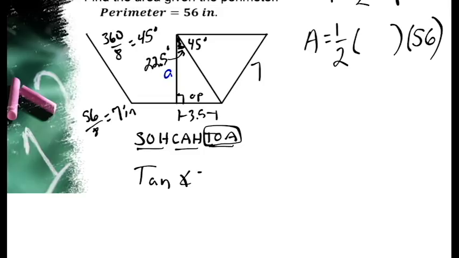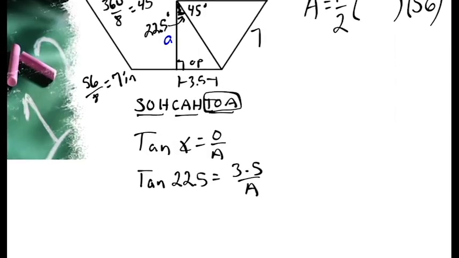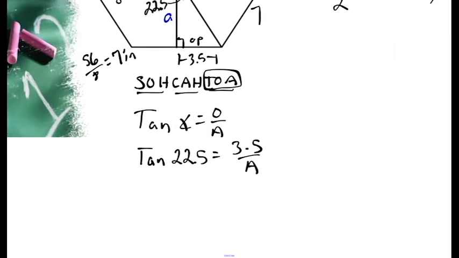So the tangent of our angle is equal to the opposite over the adjacent. So we have the tangent of 22.5 is equal to 3.5 over the apothem. We would exchange these two pieces diagonally because our variable is in the denominator of the fraction.